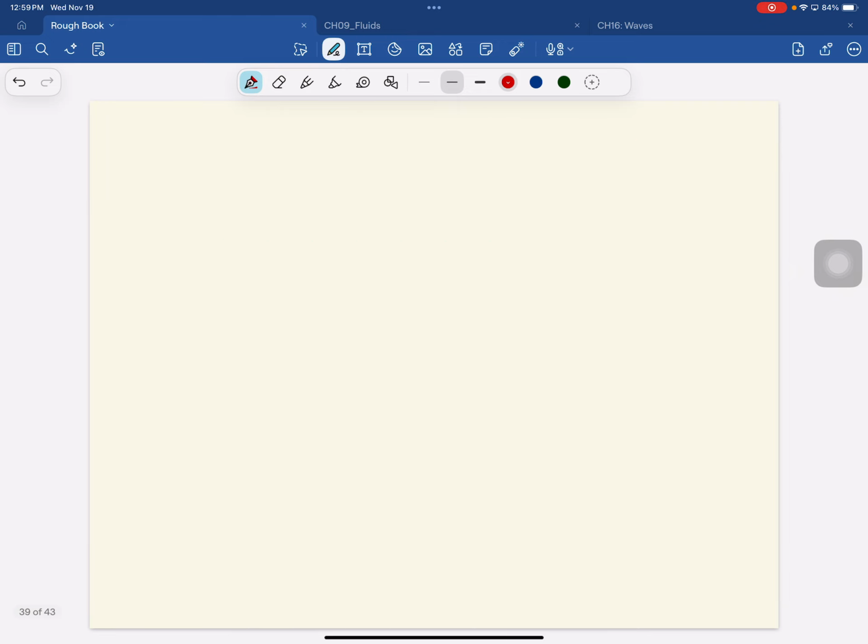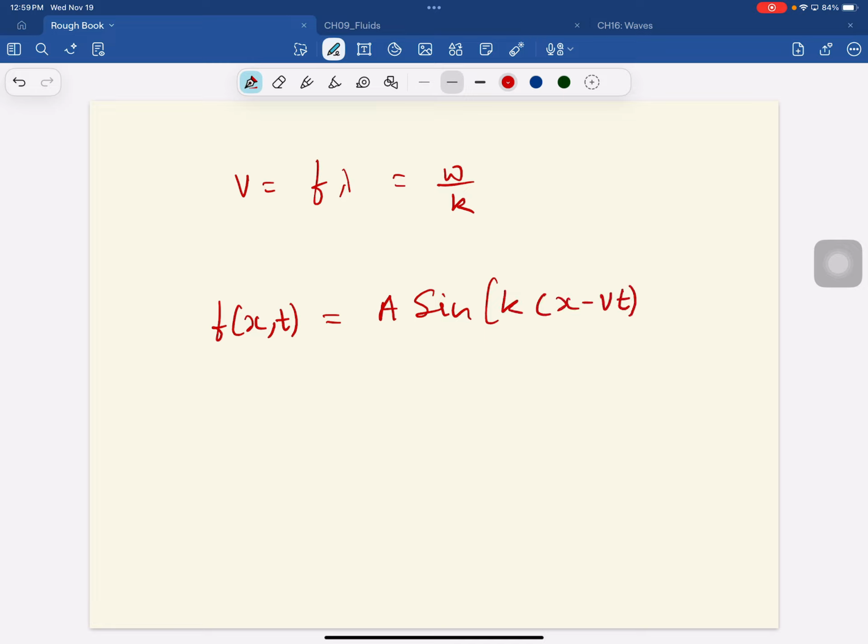In a second you'll learn that the velocity of all waves is frequency times the wavelength, and it can be written as omega over k. So your wave function y of x and t is A sine k times x minus vt, which equals A sine kx minus k times v t, where v is omega over k.